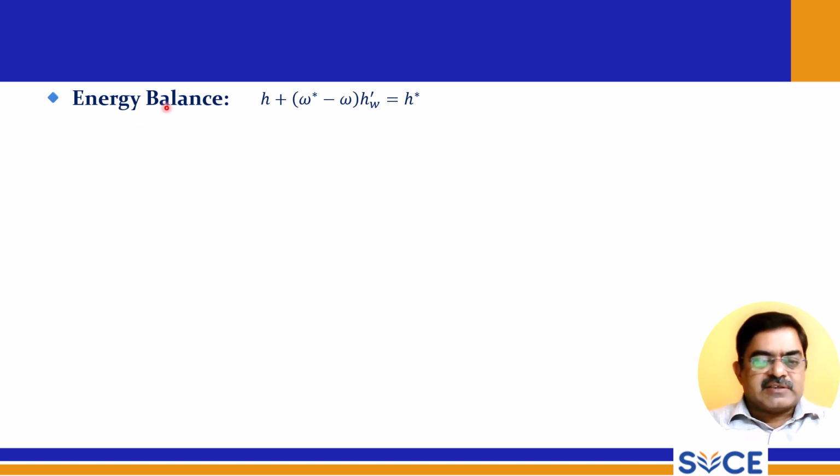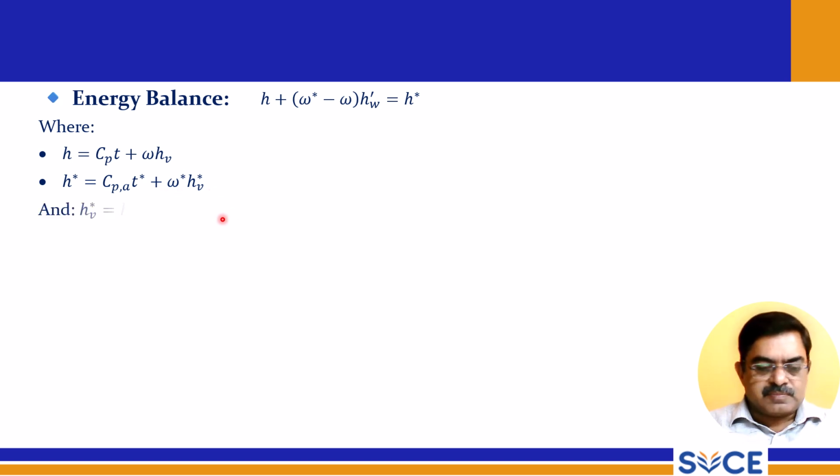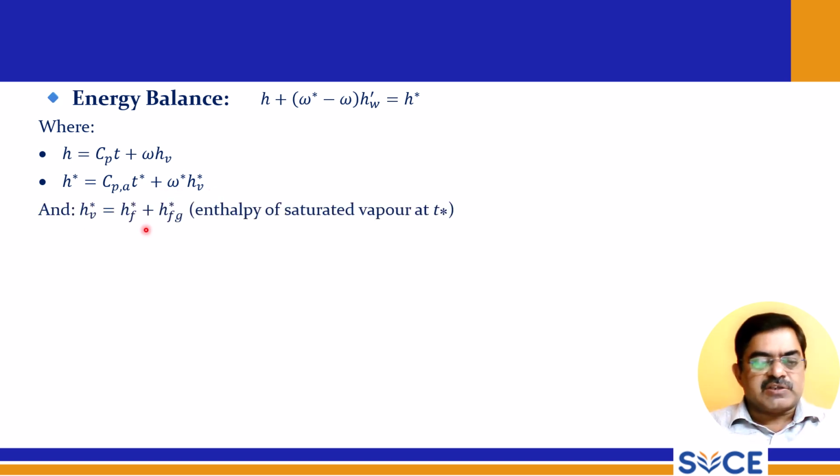So the energy balance is H plus omega star minus omega into h dash w, which is equal to H star, where H equals Cp T plus omega Hv, and H star is equal to Cpa T star plus omega star Hv star. And Hv star is equal to Hf star plus Hfg star, the enthalpy of saturated vapor at T star.